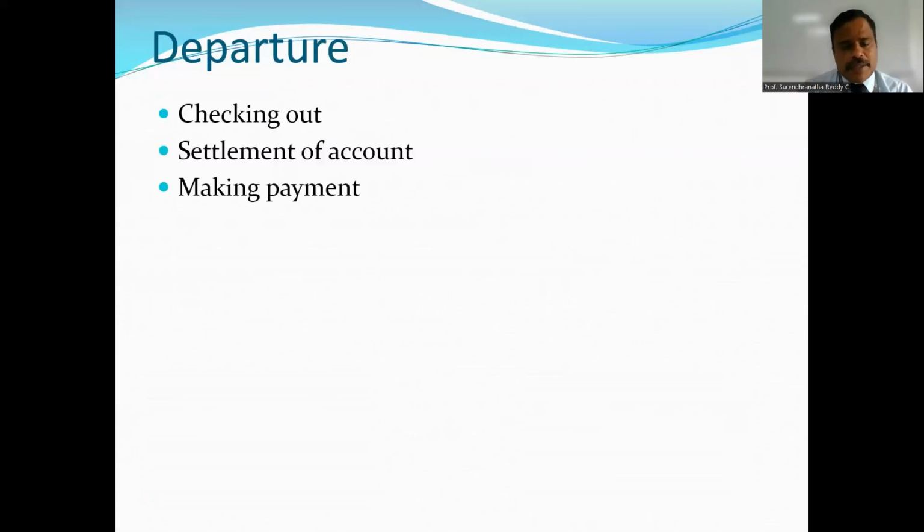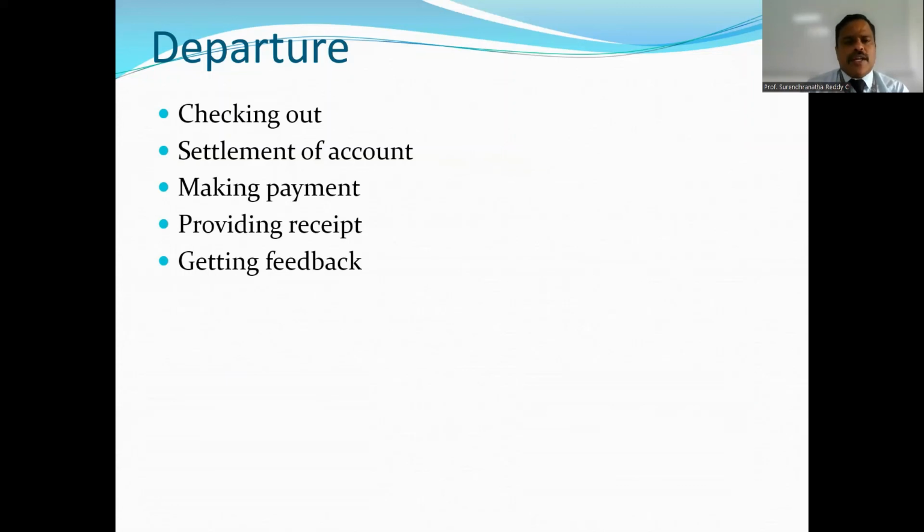If any pending bills are there, you need to make the payment and they will provide you the statement of the bill. Then they will also get feedback from the customer, which will help the hotel improve their services. So this is what happens in the departure. It's a continuous cycle for a hotel where they accommodate a customer. That's why we call it a guest cycle.